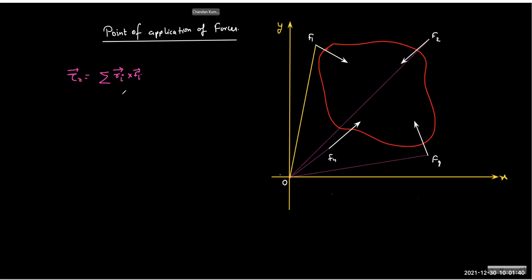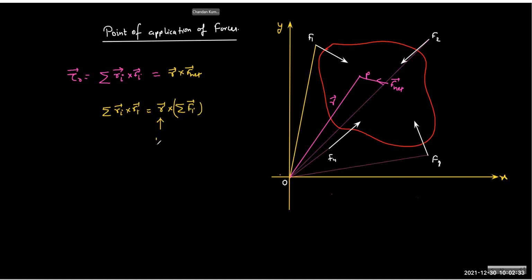Now the point of application, let's call it P, is that point for which the resultant of all such forces creates the same torque as the sum of individual forces, which means this equals R cross F net. This R is called the point of application.